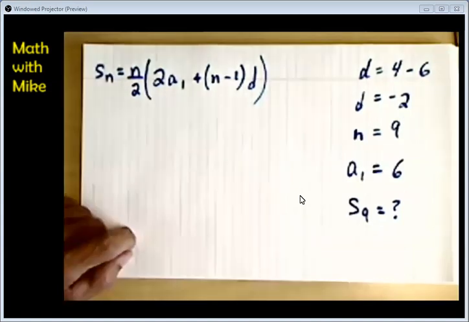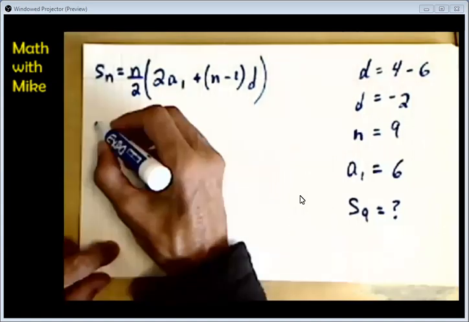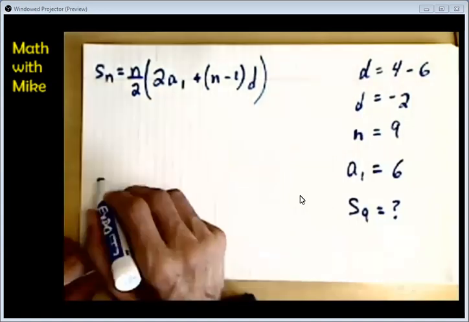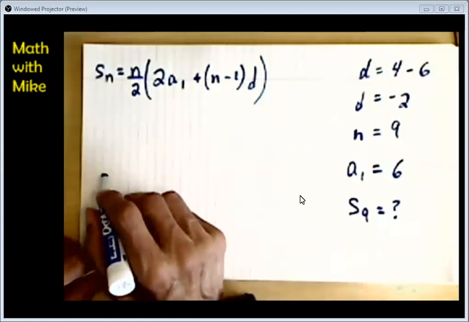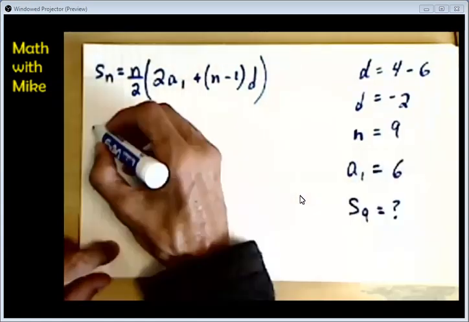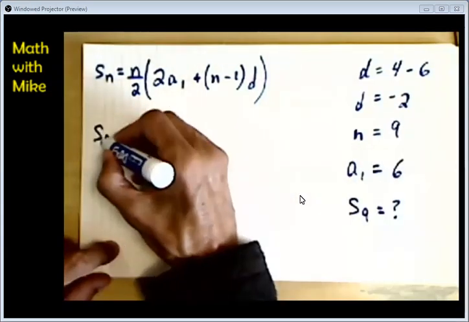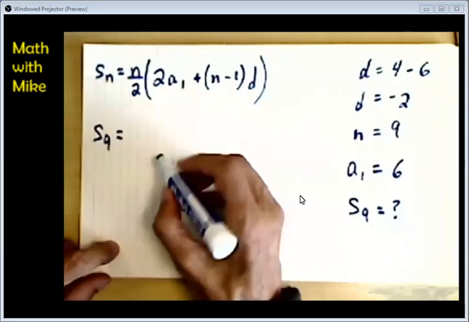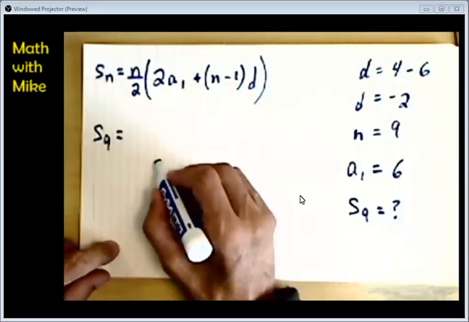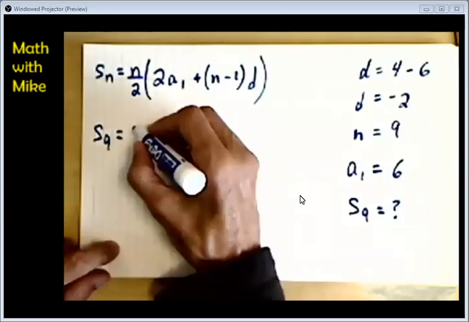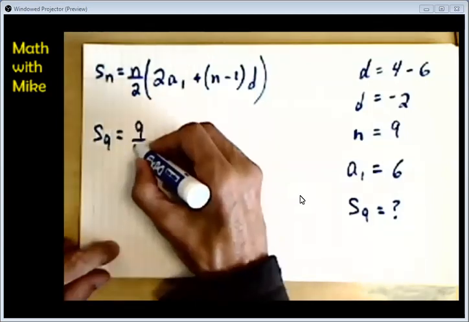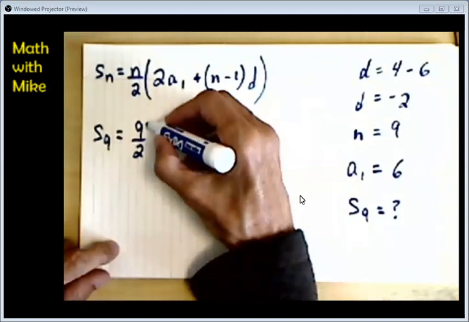What happens next? Let's start. Nice. S9, 9 over 2, and a bracket still.